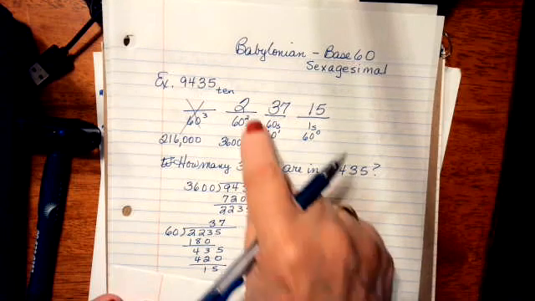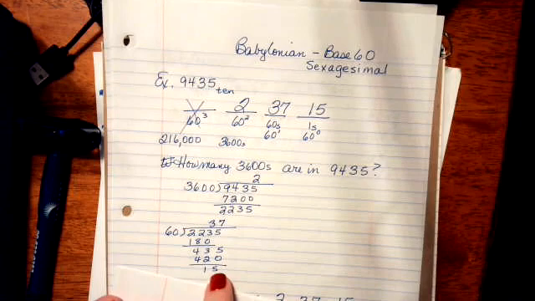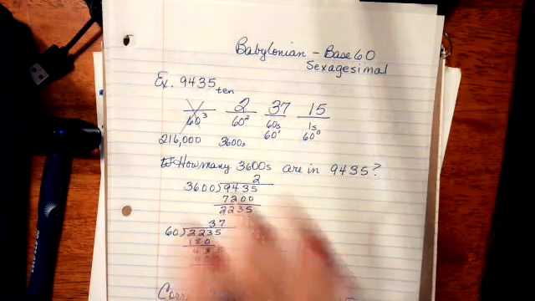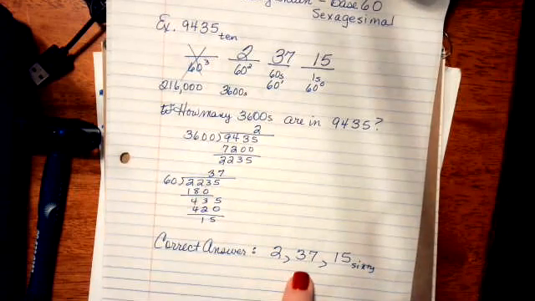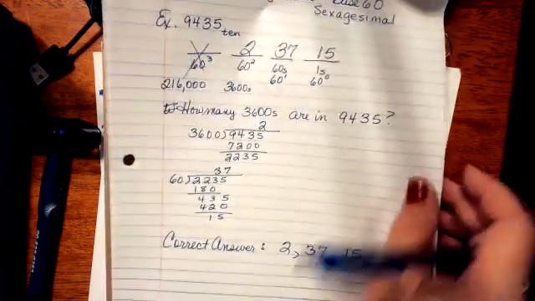So the 2 goes in the 60 squared place, 37 goes in the 60s place, 15 goes in the ones place. And I would write that 2 comma 37 comma 15 base 60. Okay.